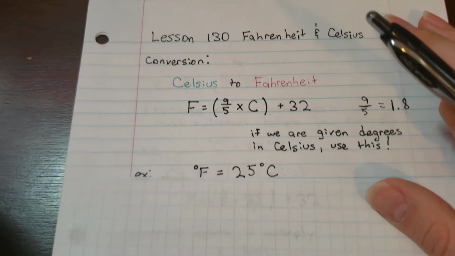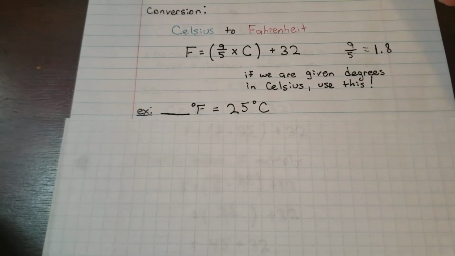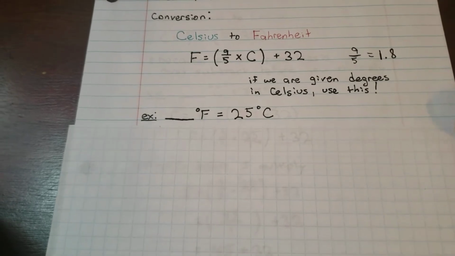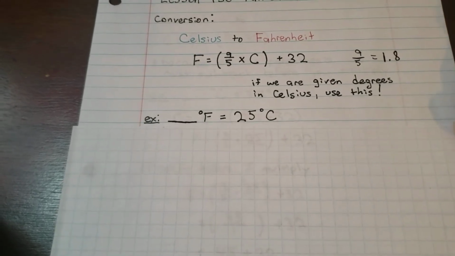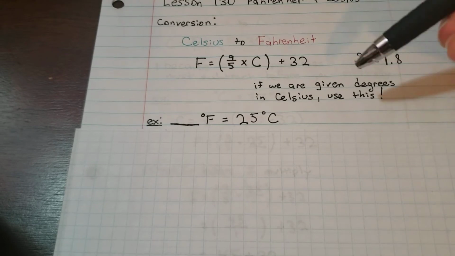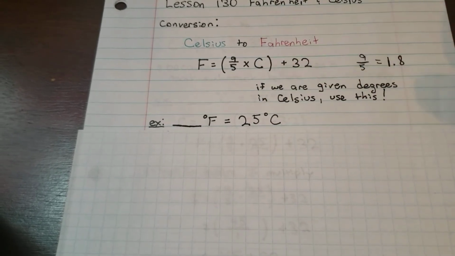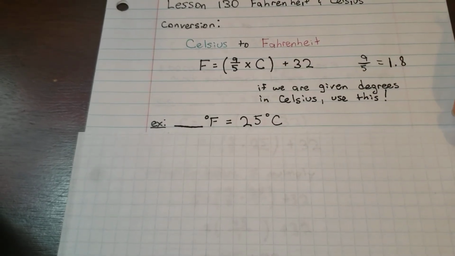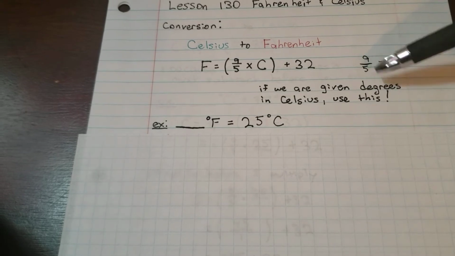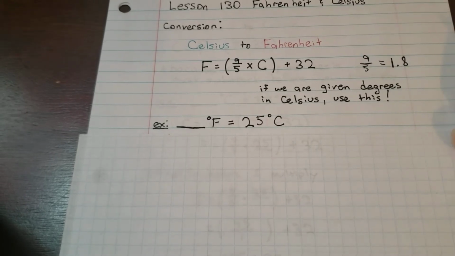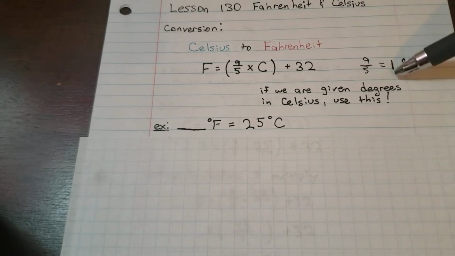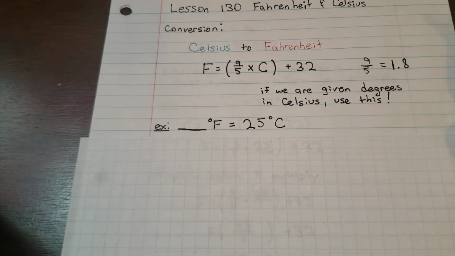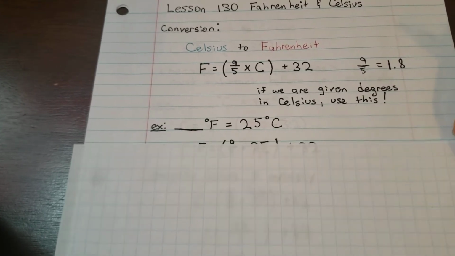Here's an example. What's the degrees in Fahrenheit when we are given 25 degrees Celsius? So what we do is we plug this in. Now, I'm going to use the fraction, the ratio, 9/5, for our practice examples, but if you want to use this decimal in your homework, go for it. All right, so we plug it in.